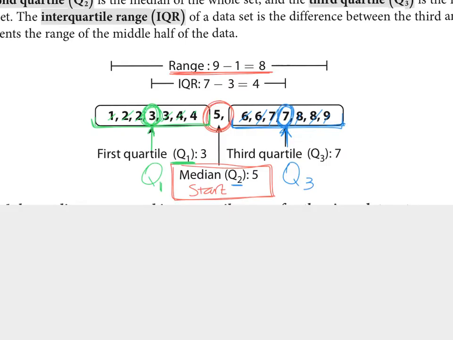All right, that helps me see what we call the interquartile range, which is basically what's the range of the middle 50%? So I'm going to explain that here in just a minute. But notice that to find the interquartile range, we're doing Q3 minus Q1. So this inner range is 4.